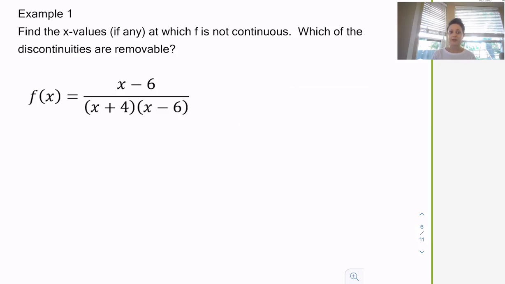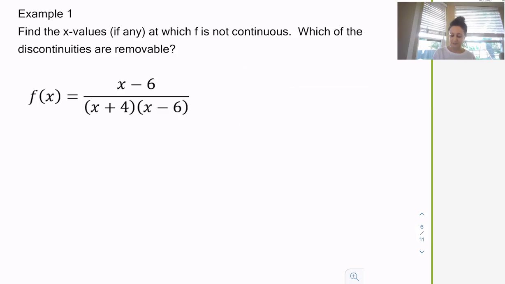Now remember, if the function value does not exist, that's automatically a discontinuity. Okay, so how do I find pieces of the domain where the function value does not exist here? If you remember from Algebra 2, you look at the denominator, right? If you were to find the domain of this function, values you would need to exclude, we'd look at the denominator because 0 on bottom is a no. The function value would not exist there.